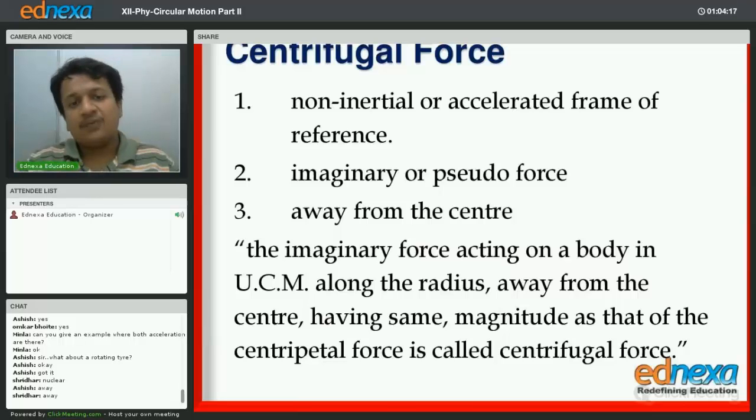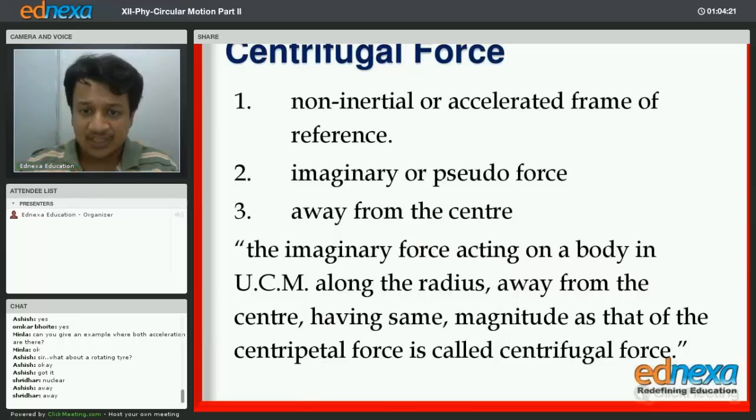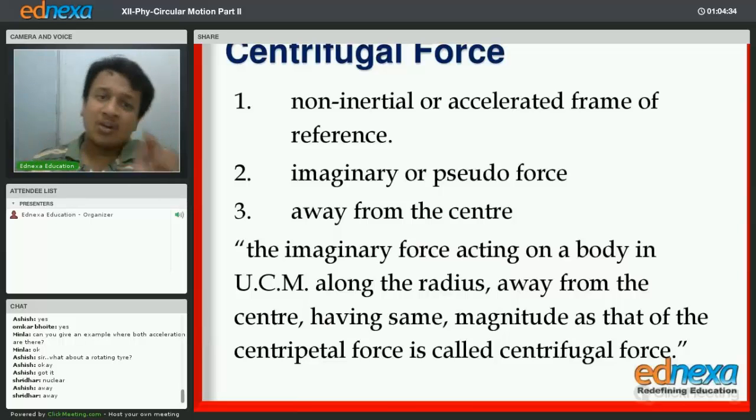So what is the definition of this centrifugal force? It is, first of all, an imaginary force acting on the body in UCM along the radius. Centripetal force is along the radius but towards the center. This force is also along the radius but away from the center, having the same magnitude as that of centripetal force. Why same magnitude?